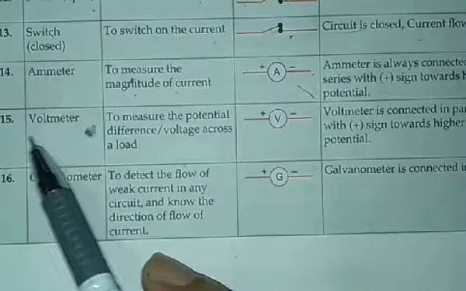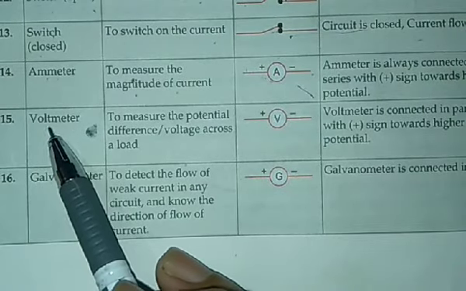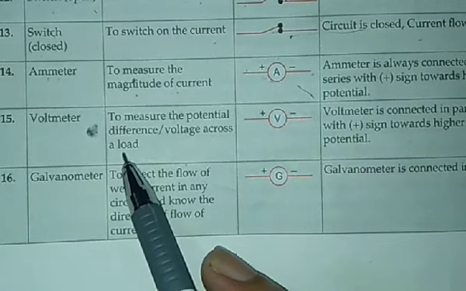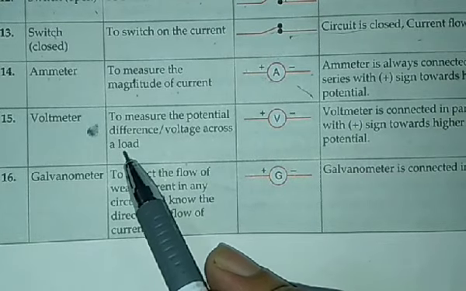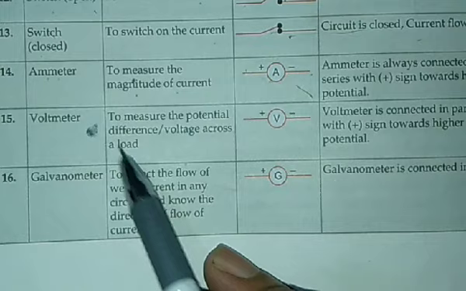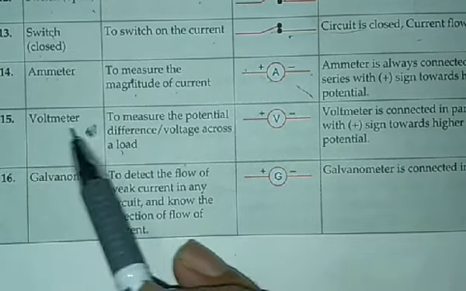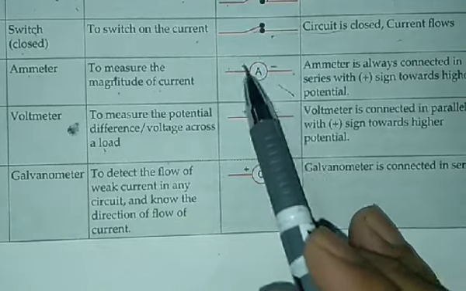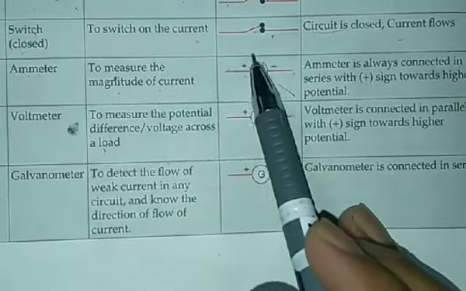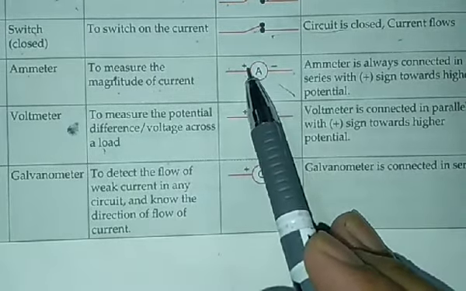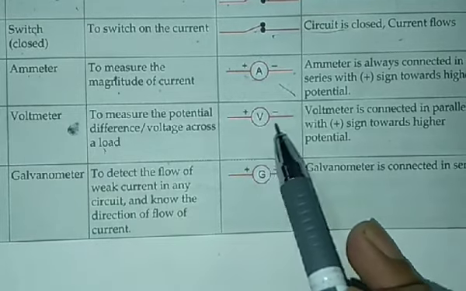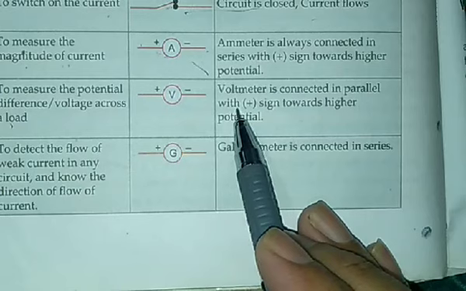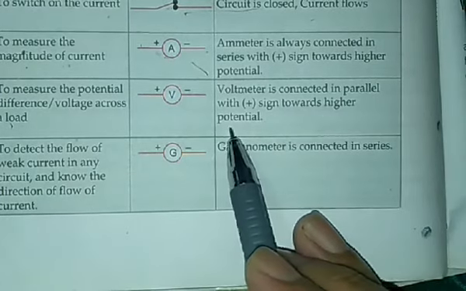Now let's move on to the next electrical device, which is the voltmeter. It is used to measure the potential difference or voltage across a load, across a circuit. If we want to measure voltage, then we use the device called a voltmeter. Here the symbol is V. Both the ammeter and voltmeter have the same symbol, but the difference is that in the ammeter we use the letter A and in the voltmeter we use the letter V. The voltmeter is connected in parallel with the plus sign toward the higher potential.